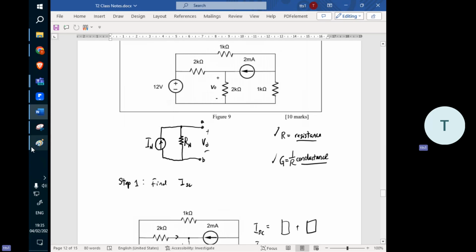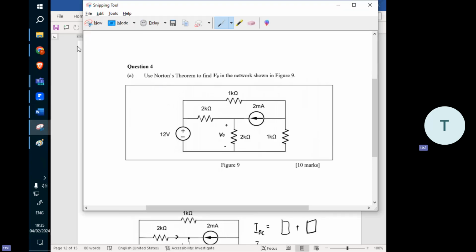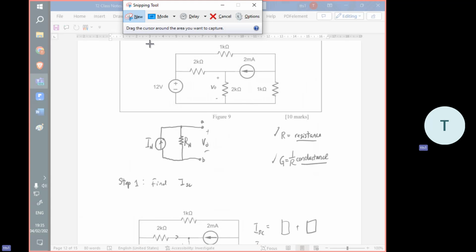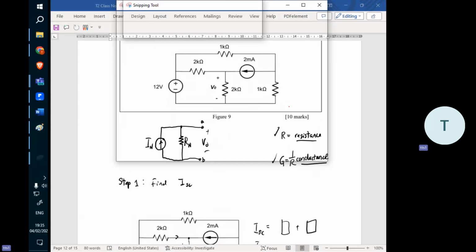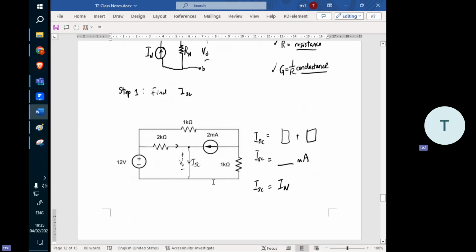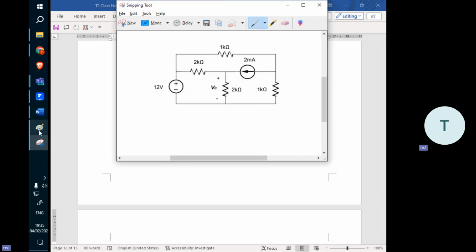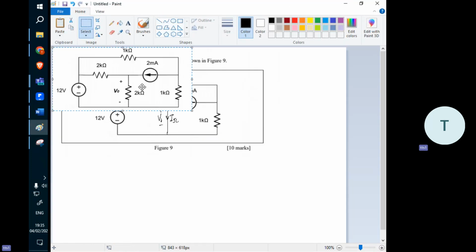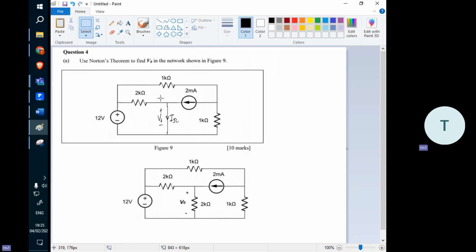Okay, let me redraw the circuit for you. So this is the procedure we need to do to find the Norton value. We remove this one to find the Norton resistance. We connect a short wire, like previously when measuring the short circuit current. And then we also remove the current source.